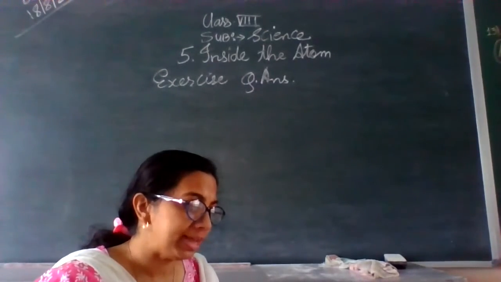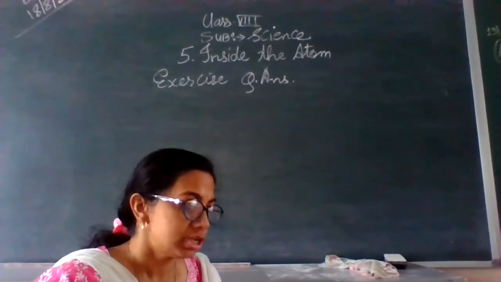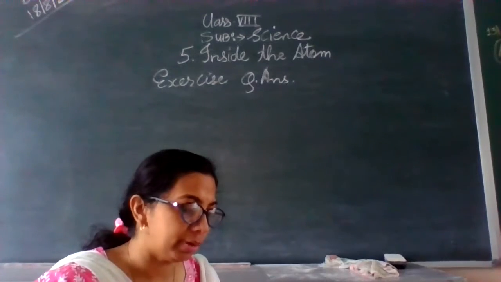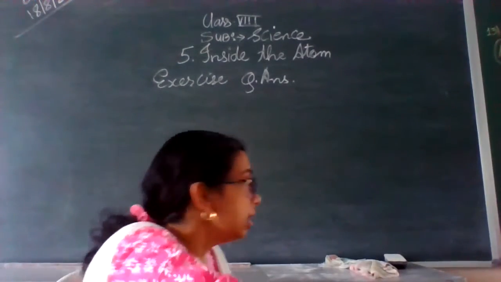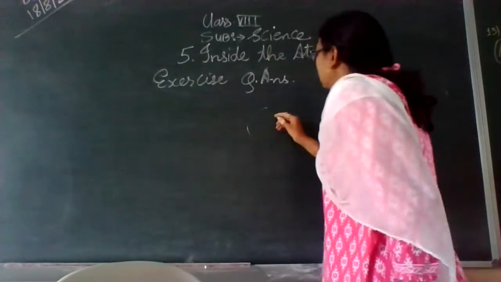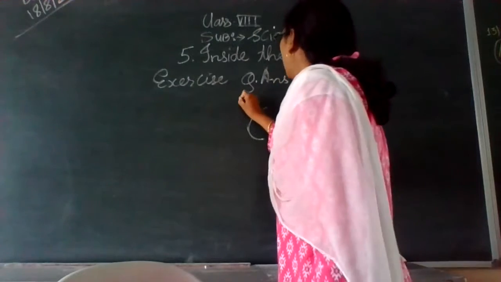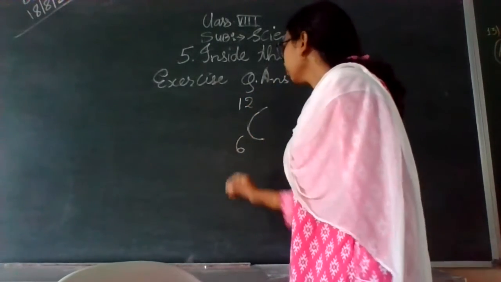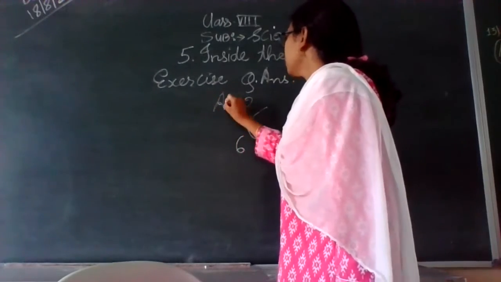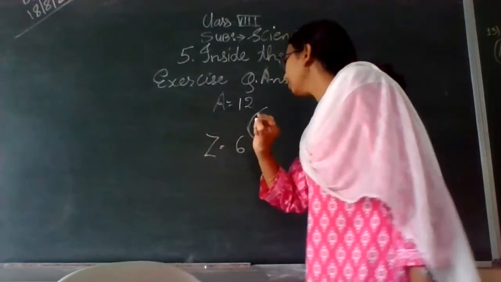Now, how to explain the atomic number and atomic mass number of carbon? Here 6 is the atomic number and 12 is the atomic mass number. For carbon, the symbol is C. We have already done this. Atomic mass number is 12 and atomic number is 6. As you all know, A is the symbol for atomic mass number and Z is the symbol for atomic number.